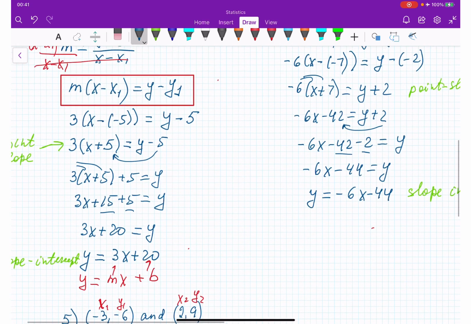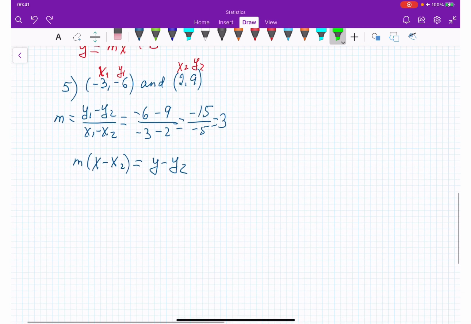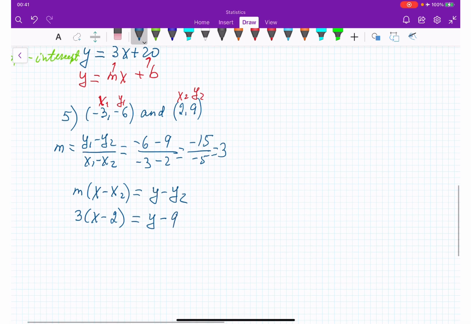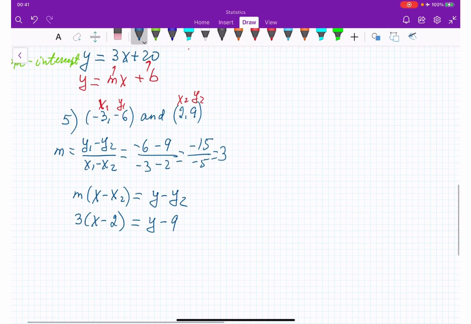Remember that form here. Okay. So we have m is 3, x minus x2 is x minus 2, equal y minus y2 is y minus 9. Very good. This is going to be in our point slope form.